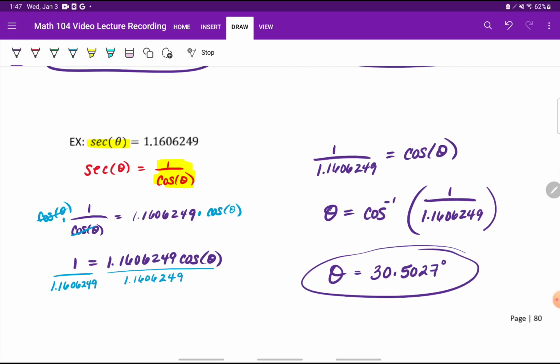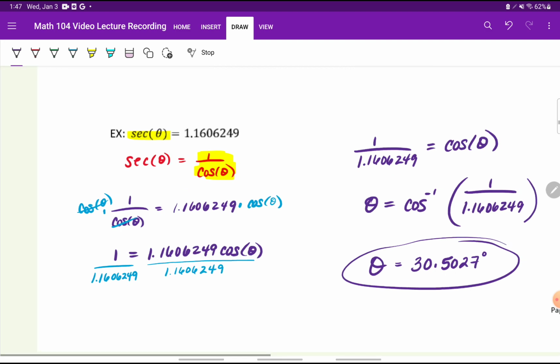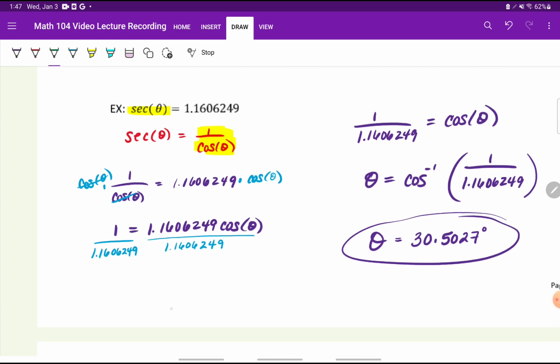A common mistake that I see with finding the angle, needing to use the inverse function for secant, cosecant, and cotangent, is that people just want to say that theta is going to be equal to 1 over cosine inverse of the value.